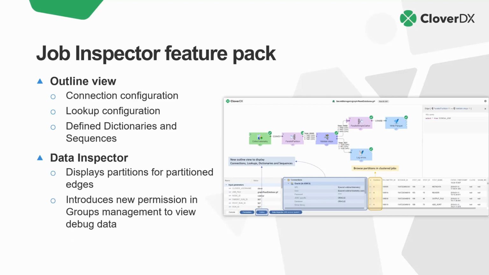You will have a new partition column in Data Inspector, and you will see which partition processed which data. Also, there's a new permission for Data Inspector in the Server UI, so you can restrict which users are able to open Data Inspector. If you have some sensitive data, you can specify a group of people who can actually see and work with this data in Data Inspector.